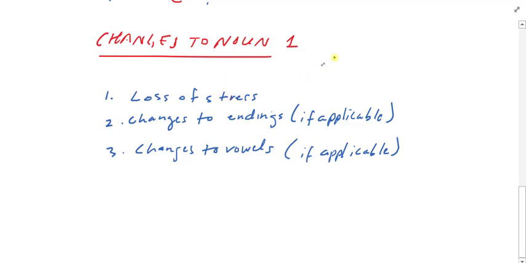When it comes to loss of stress, basically the construct noun is equivalent to having a makaf attached. Do you remember how when we put a makaf on a word and attach it to another word, that the noun with the makaf right in front of it surrendered its stress to the second noun?